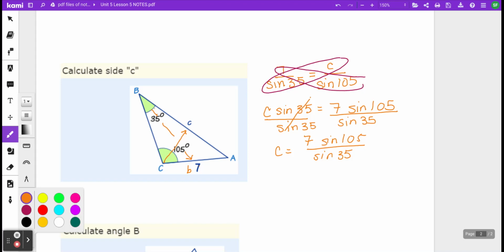So if you put this one in on my calculator, I just go 7 sine 105 and I go equals, and then I divide it by sine 35, and I'm going to get 11.08. And we know that side C needed to be a little bit longer because the angle was a little bit bigger in this one.